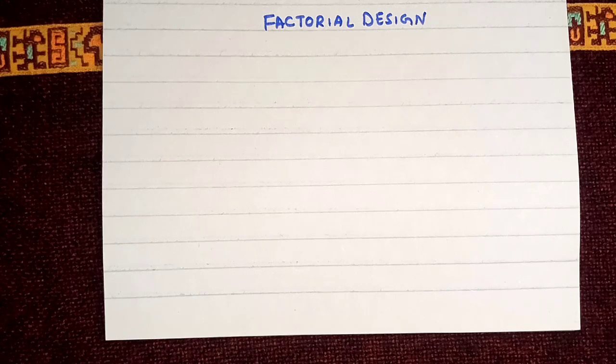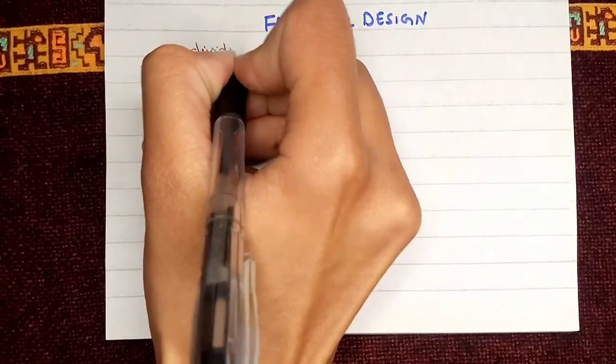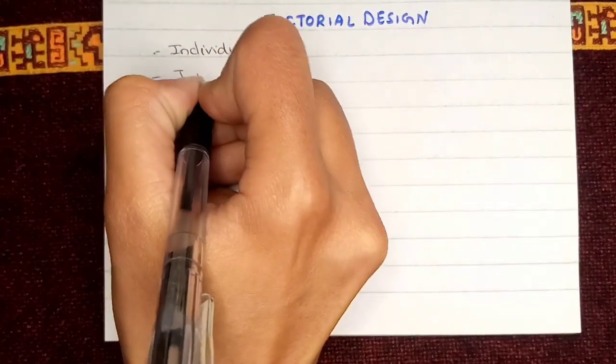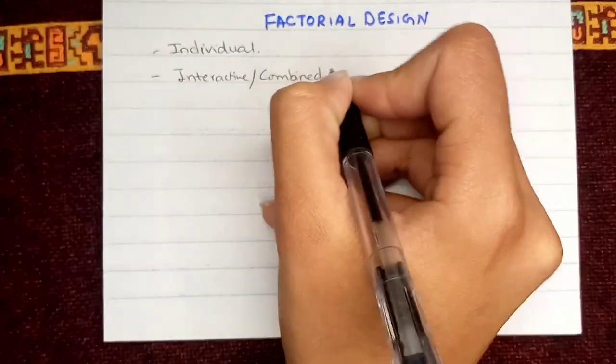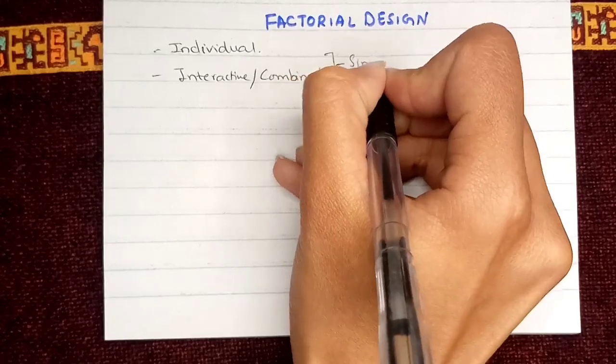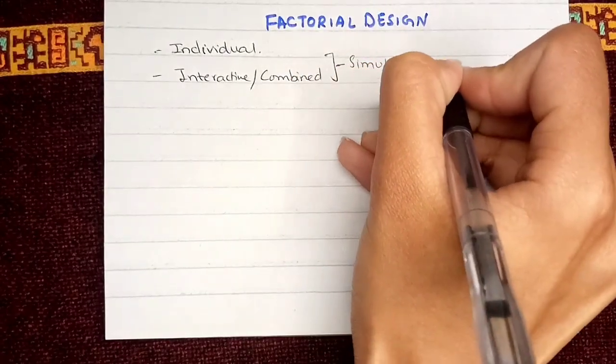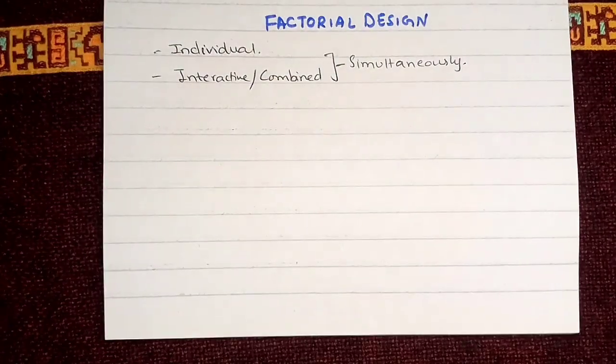First of all, a very important benefit is that you can look for the individual effect of the intervention, as well as combine both interventions, or if you have more than two interventions, you can combine them and see the combined effect of all of them. So we can look for the individual effects of the interventions, as well as the interactive, or combined, effect of the interventions at the same time, simultaneously in a single trial.